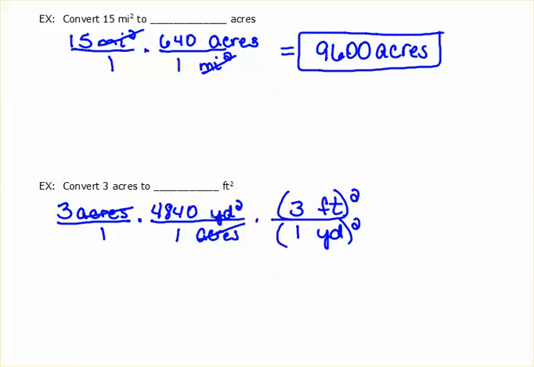Now by doing that, 1 square yard and 1 square yard, those will cancel out. And when I square 3, it actually becomes 9 square feet. So when I multiply 3 times 4840 times 9, we should end up with 130,680 square feet.